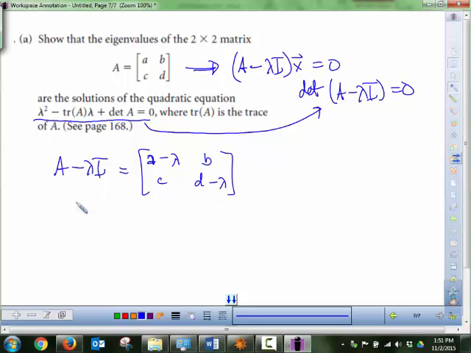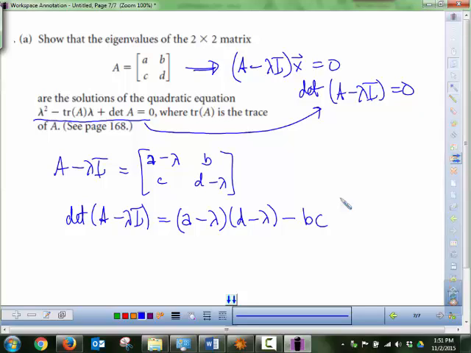And I want to find the determinant of this. So the determinant is A minus lambda times D minus lambda minus the wings. It's BC, CB, BC. And then here is your quadratic, except that you have to FOIL it out to make it look like ax squared plus bx plus c business.